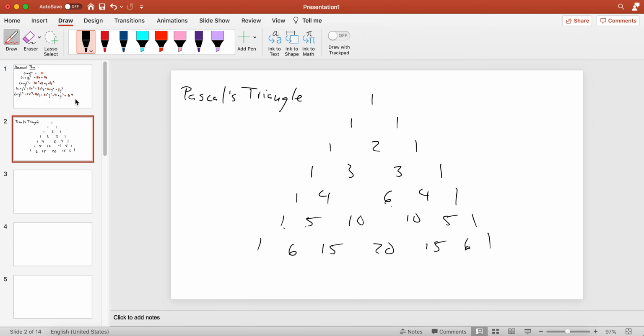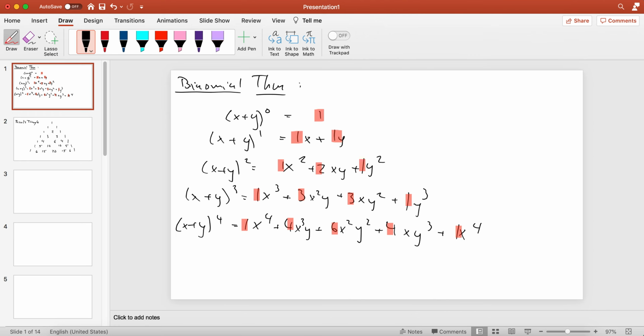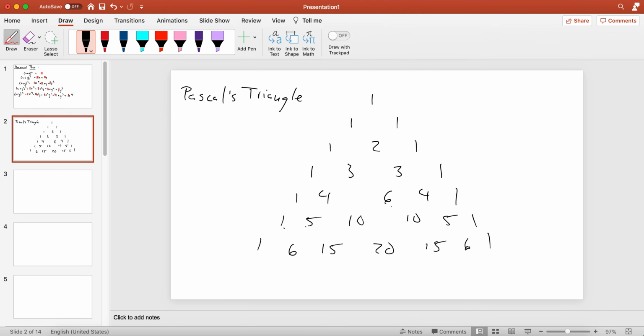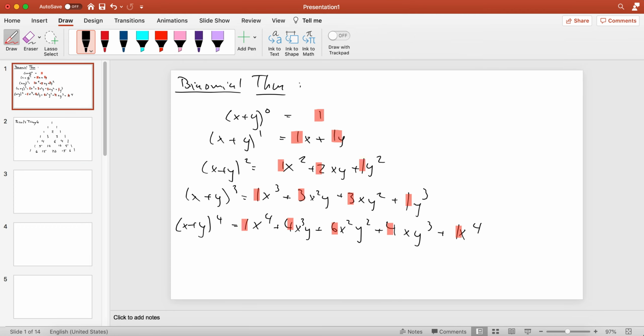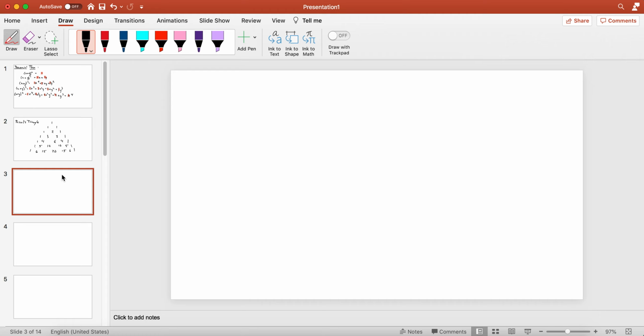Well, as you can see, these coefficients correspond to Pascal's triangle. And so if I want to get these coefficients, all I have to do is know how to use Pascal's triangle. All right, so I'll do an example here of a very difficult polynomial to do. So this is going to be (x + y) to the 5th power.